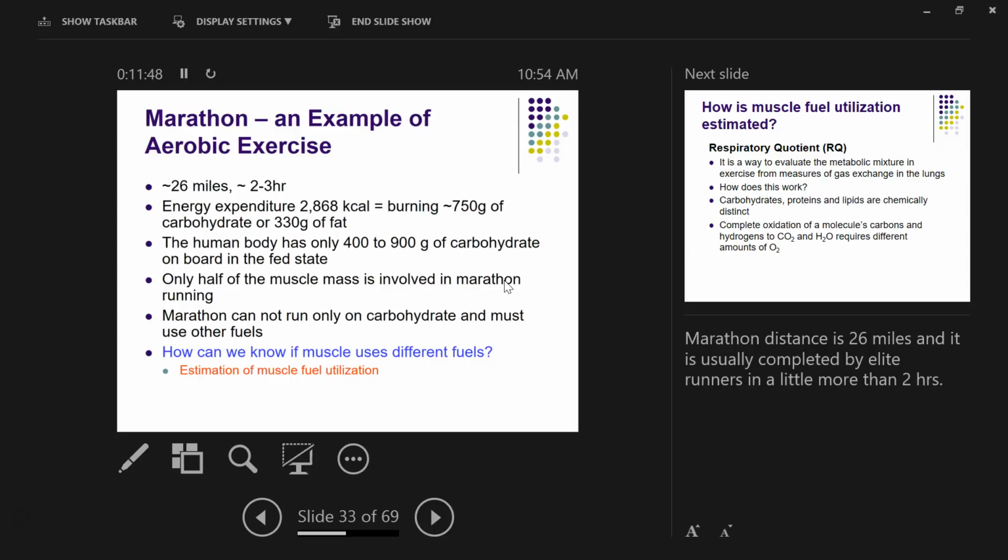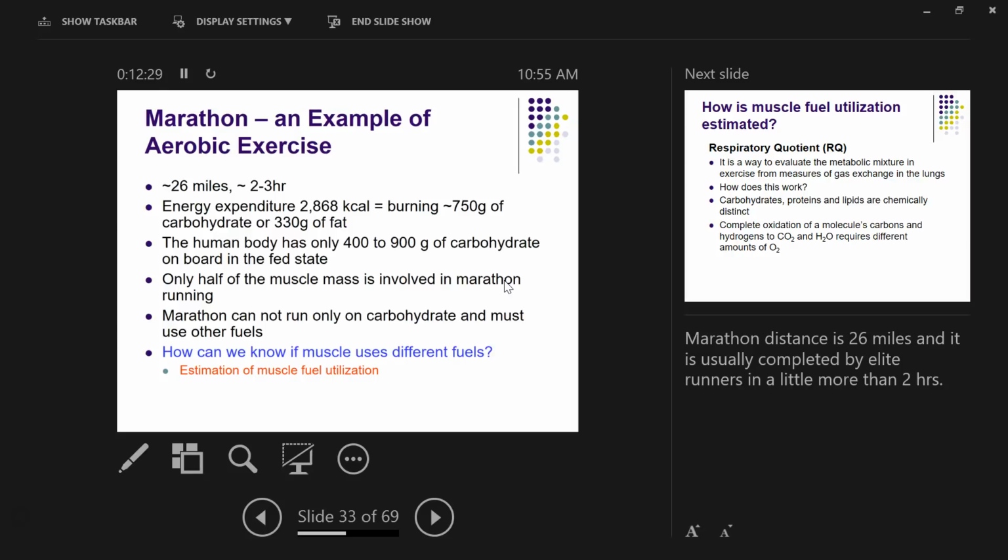So that means we only have maybe 200 to 450 grams of carbohydrate available for energy, and we need 750 grams of carbohydrate for running a marathon. So carbohydrate alone is definitely not enough to provide energy for running a marathon. So our muscle needs to utilize both carbohydrate and fat for running a marathon, right, to get enough energy.